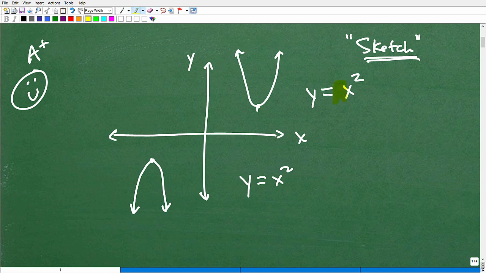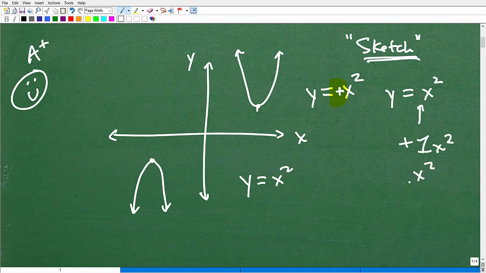Now, if the sign in front of the x squared is positive, like right here, if I have just y equals x squared, that is a positive 1 in front of it. We don't write a positive 1 x squared.